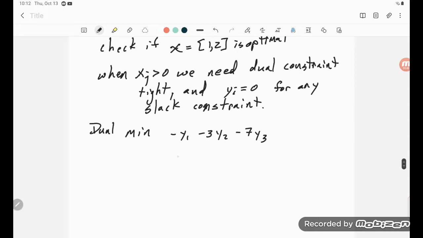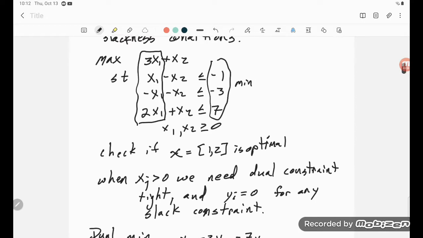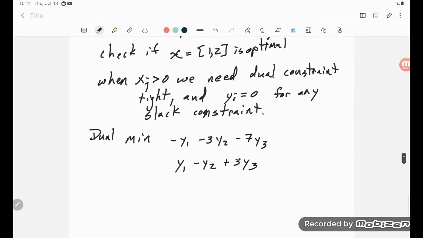So y1 minus y2 plus 2y3 is greater than or equal to 3.